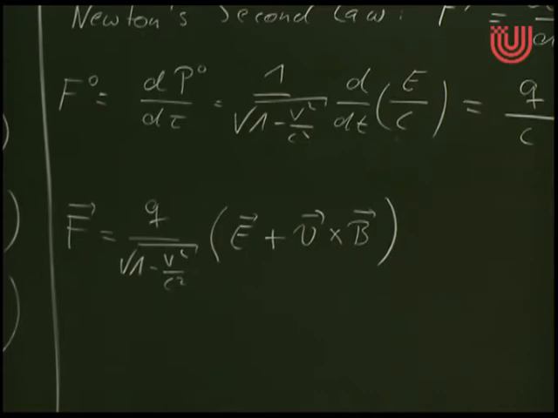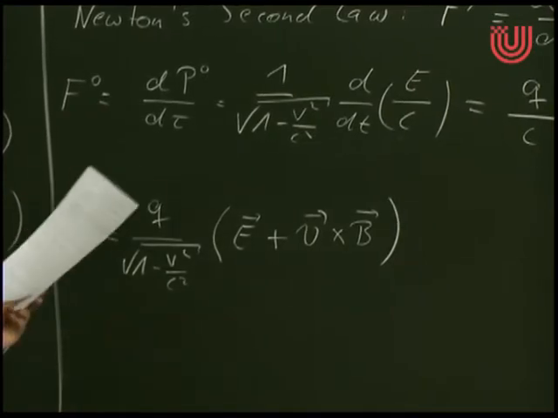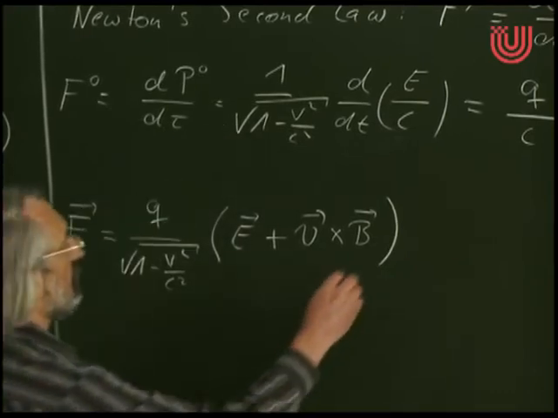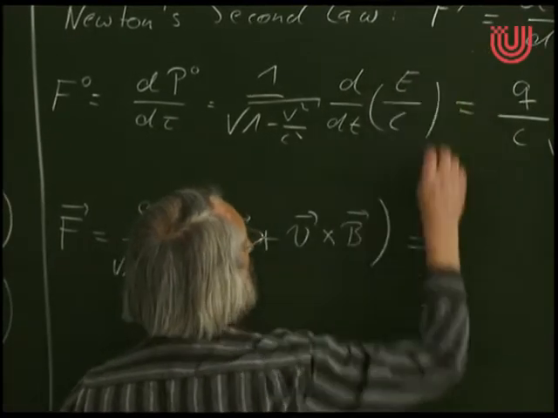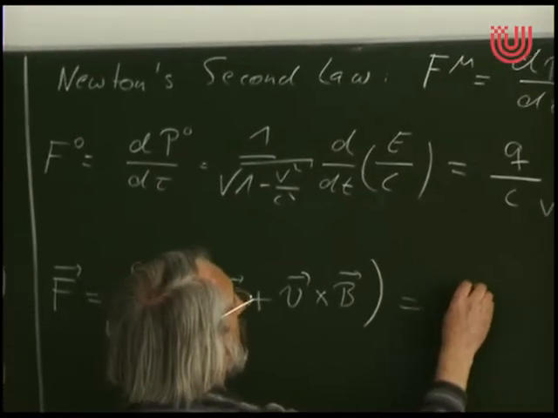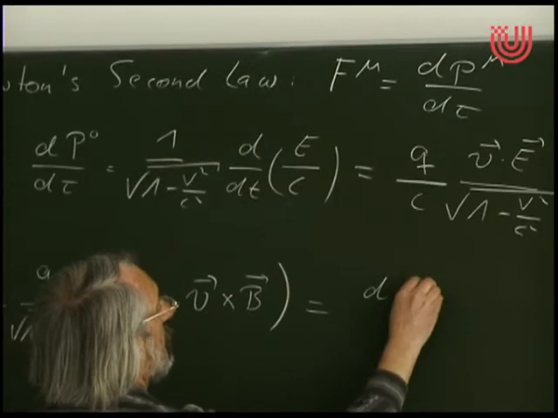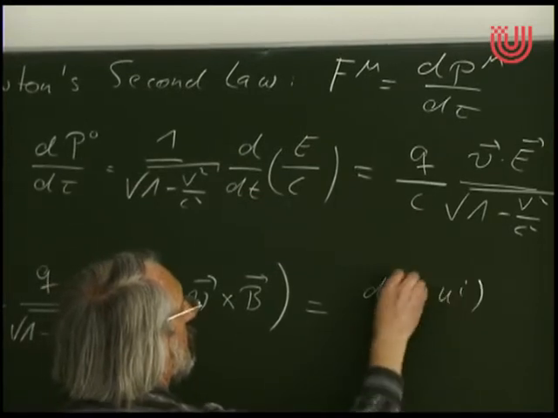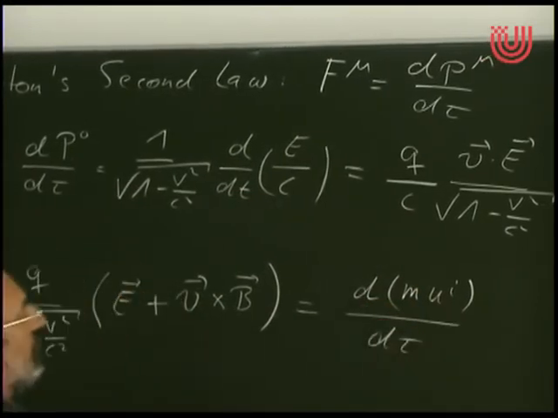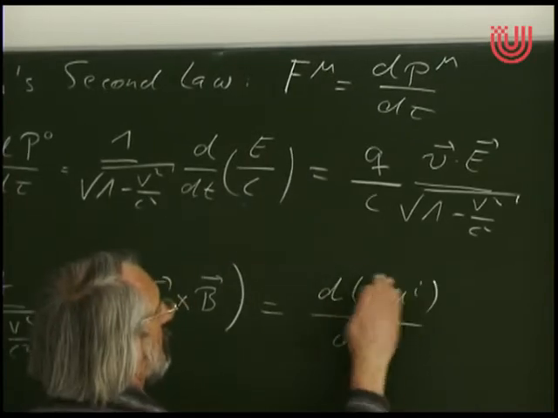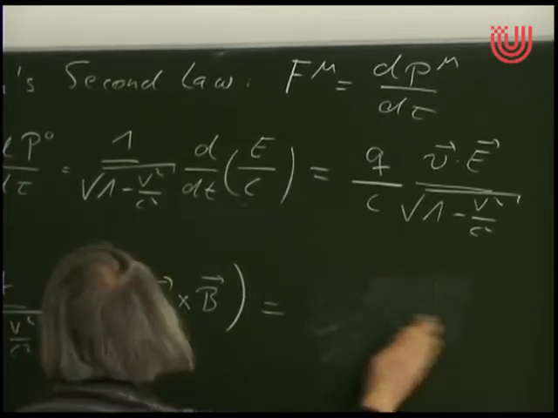Okay, and we combine this now with, here I started with the second expression, here I started with the first expression. Maybe that's a bit confusing, but I now equate this to this equation here, which is just d, let me write it in this way, m u^i d tau. Or let me do it in two steps.